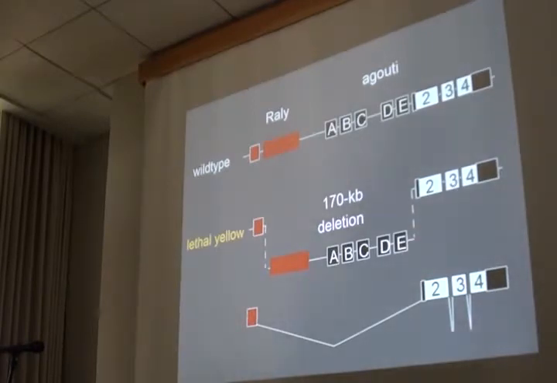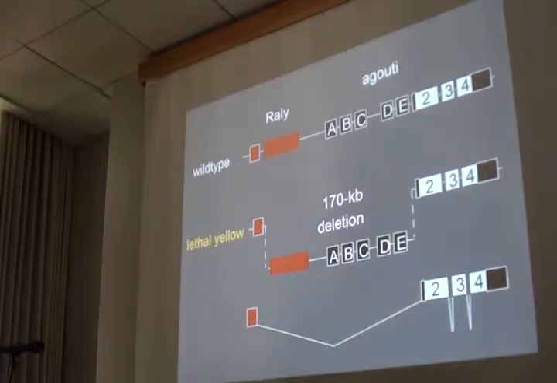In this lethal yellow mutation, all of Rally has been deleted, and all of these 5' non-coding exons are deleted, and the 5' non-coding exon of Rally splices into the open reading frame of agouti. Normally, Rally is expressed at high levels in all tissues, so you have Rally's promoter driving agouti expression in all tissues.